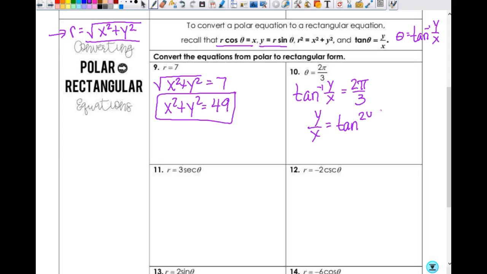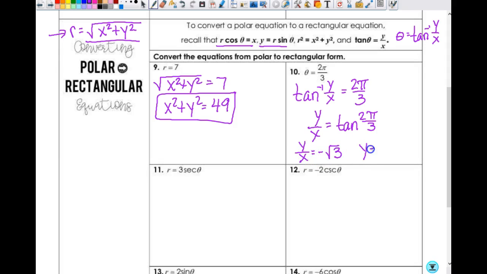What is the tangent of 2 pi thirds? Square root of 3. Is it positive or negative? It's negative. So I get y over x equals negative square root of 3.